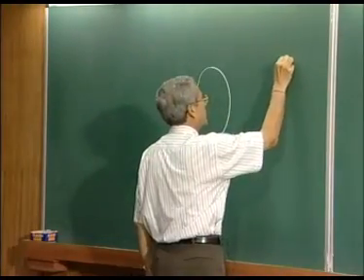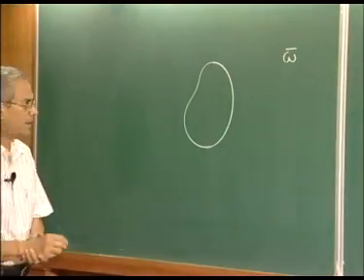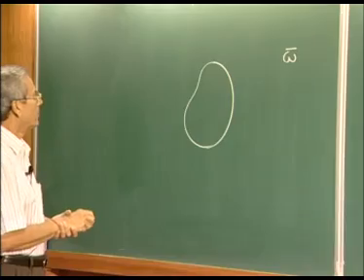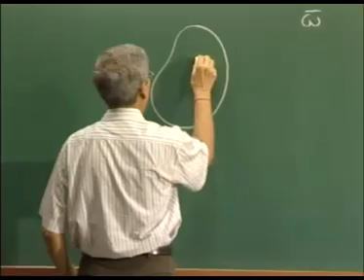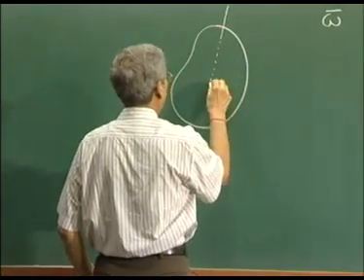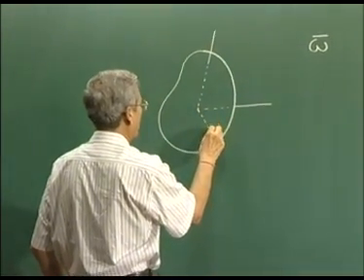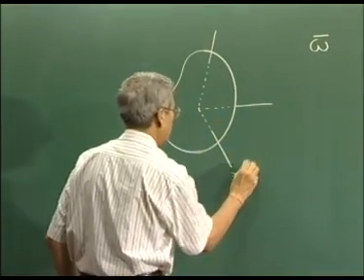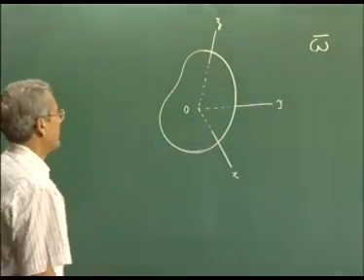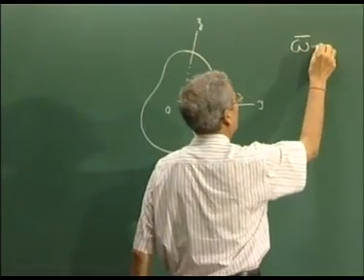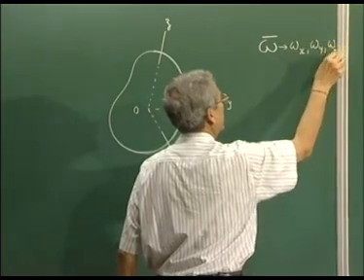And if the angular velocity at a particular instant be omega vector, then we can resolve it into various components along 3 mutually perpendicular directions x, y, z as omega x, omega y and omega z.